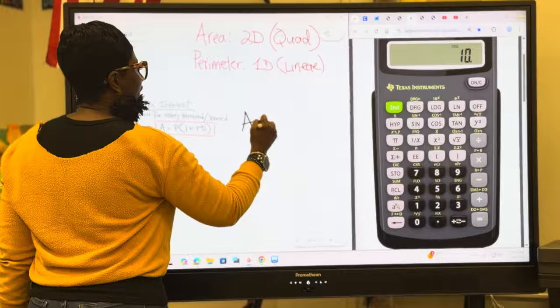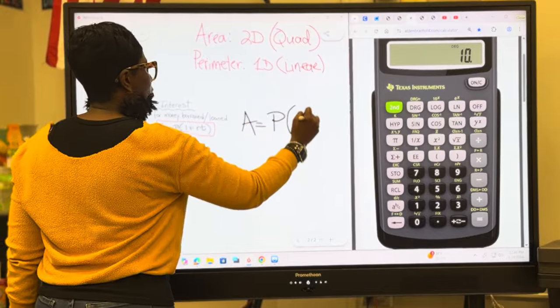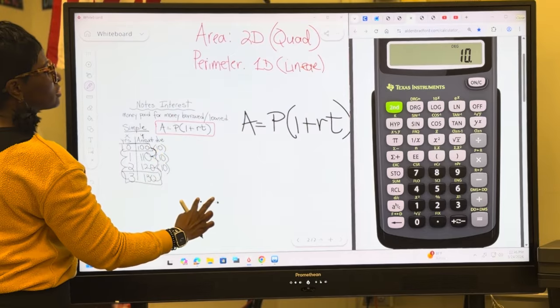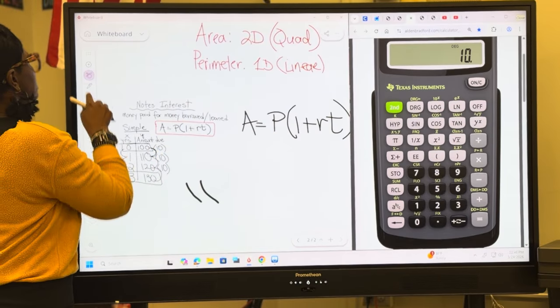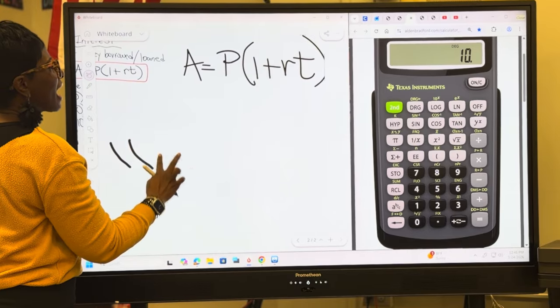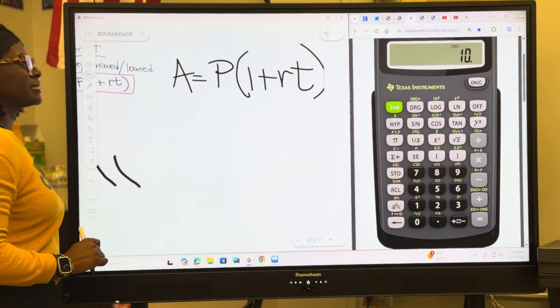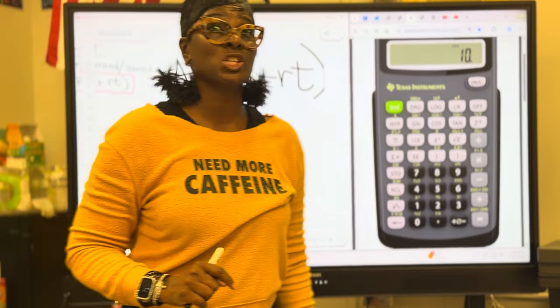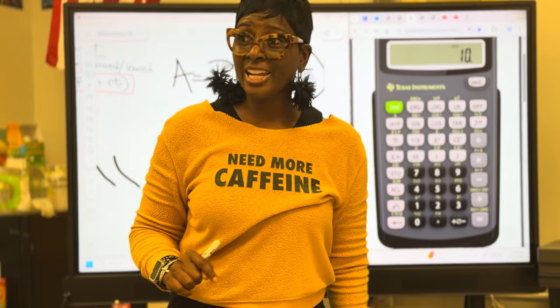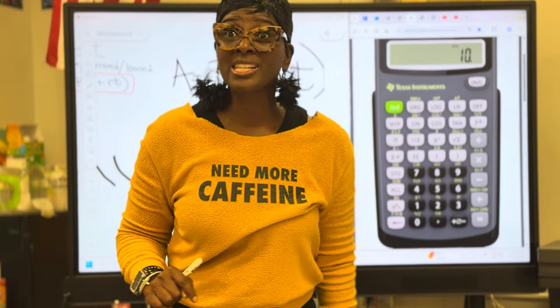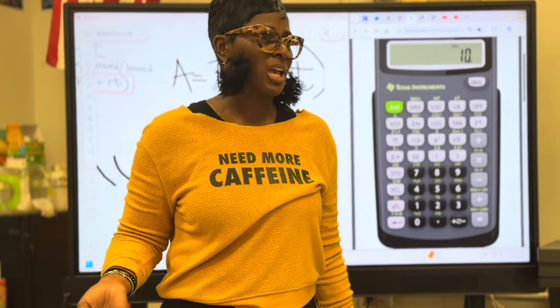We got A equals P times 1 plus RT. This is the formula for simple interest. Simple interest is what kind of function? Linear. How do we know it's linear just by looking at it? The highest exponent is a 1 because I don't see it, right?